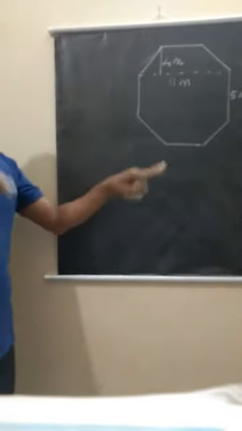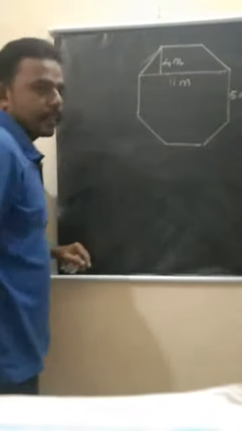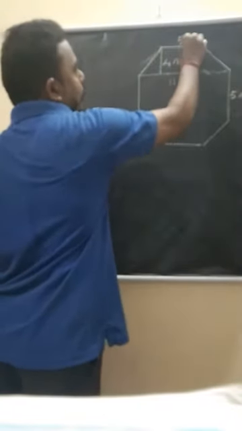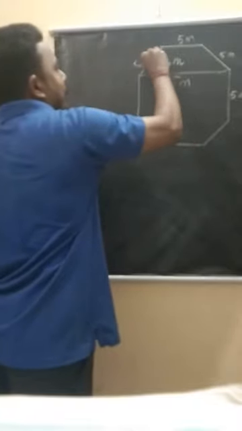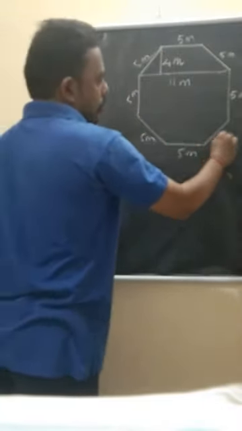For that we are going to divide our shape into known forms. Here this length is 11 meter, and all the sides are equal, so here also 5 meter, 5 meter, 5 meter, 5 meter and 5 meter. Now we are going to consider only this part, because think about those sides. This one is a trapezium shape, with 5 meter, 11 meter and a height of 4 meter.